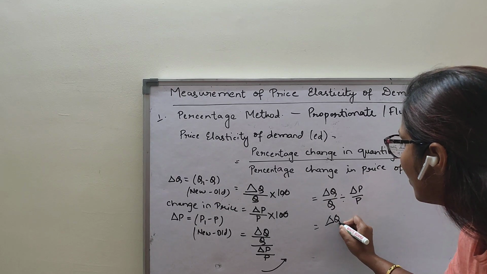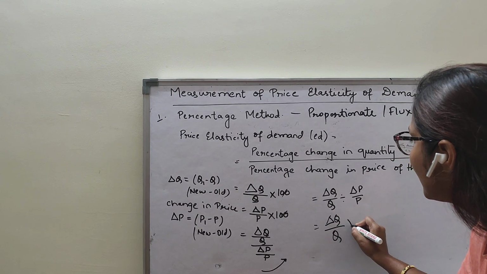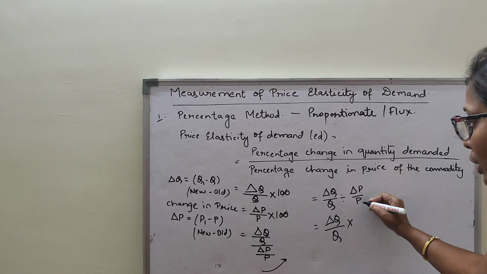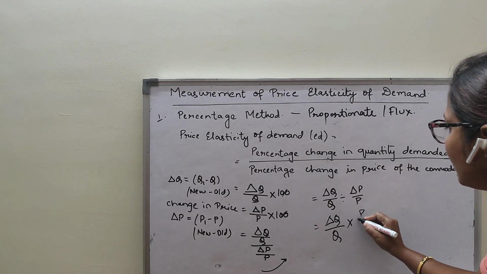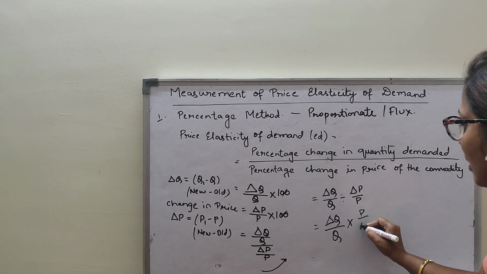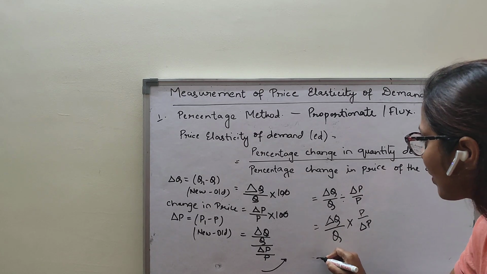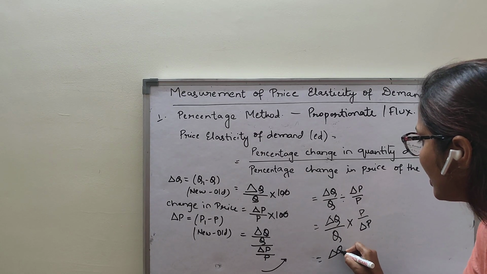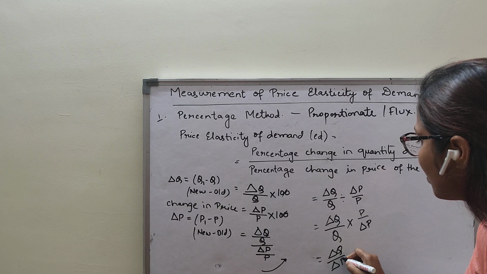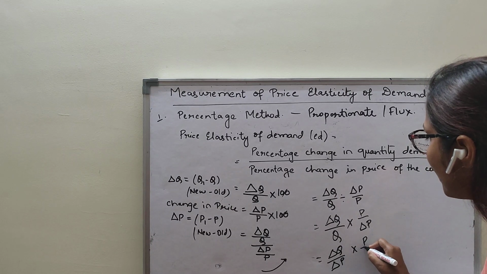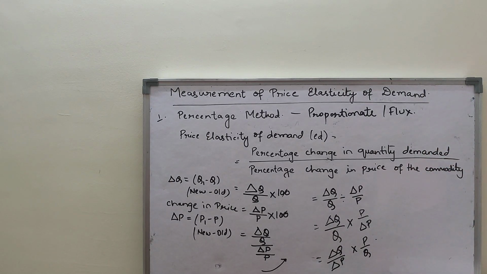Now change in Q by Q, now I will multiply it and this denominator will go up and this numerator will come down. See. Now I can write it properly as change in Q by change in P into P by Q. I can write it this way.